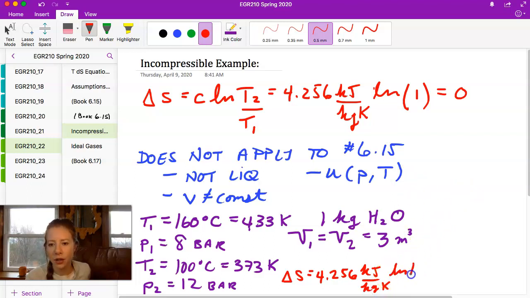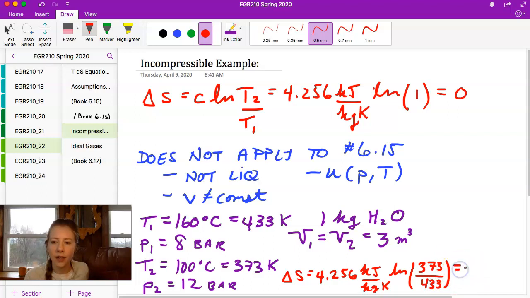times the natural log. And this ratio in this natural log for temperature, remember, this is the absolute temperature scale. So if we're dealing with metric, it has to be in Kelvin. And if we're dealing with English units, it has to be in degrees Rankine. So this is going to be 373K over 433K.